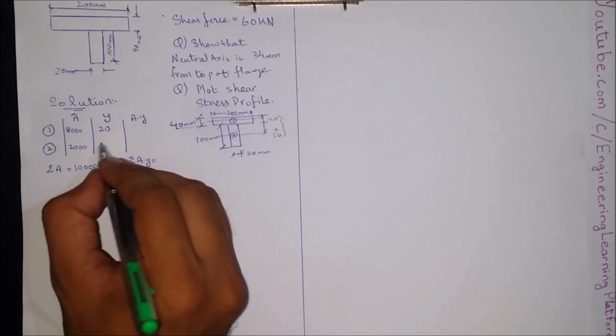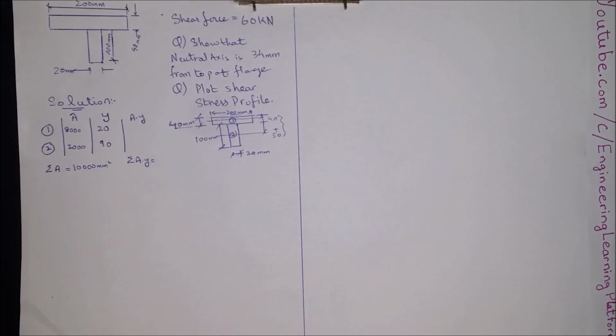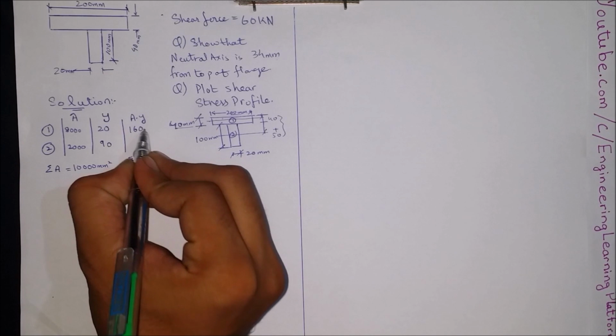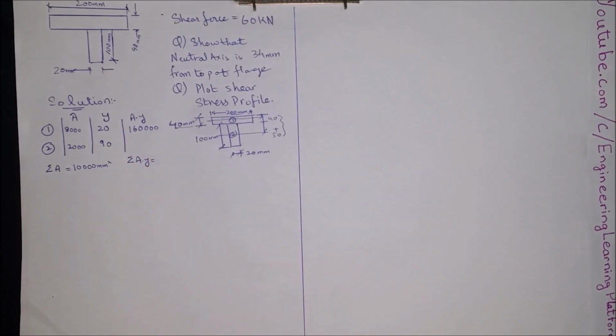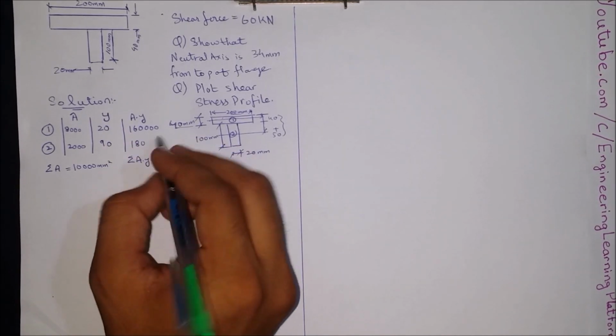The sum gives us 90 millimeters. The product of A dot Y for shape 1 is 160,000. The product of A dot Y for shape 2 is 180,000.